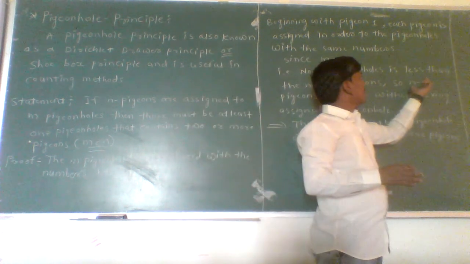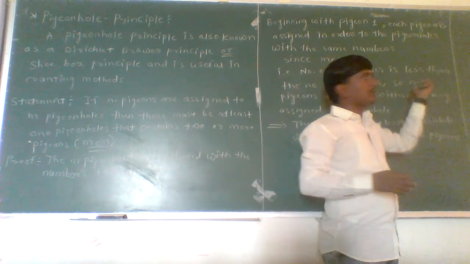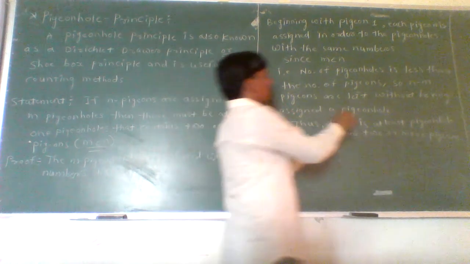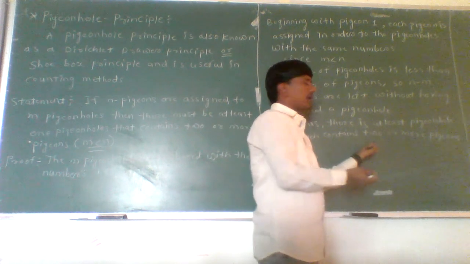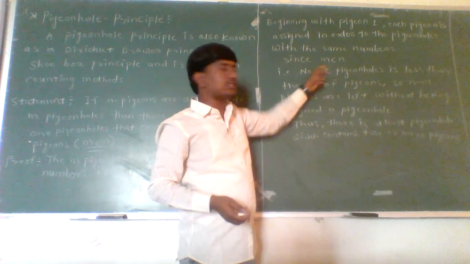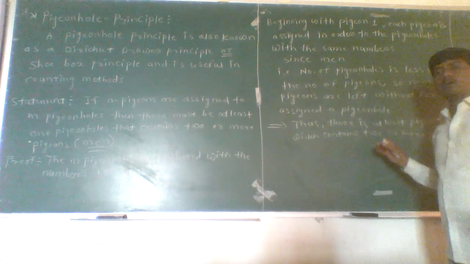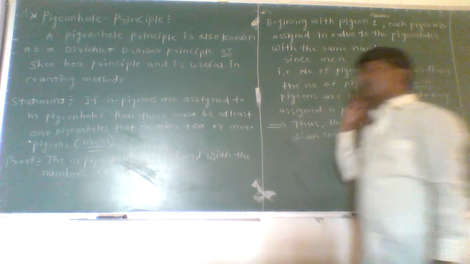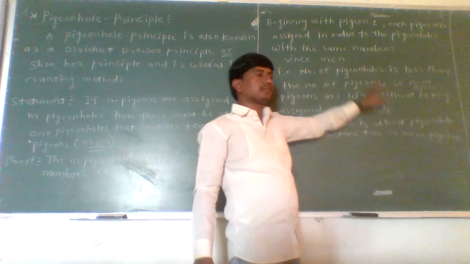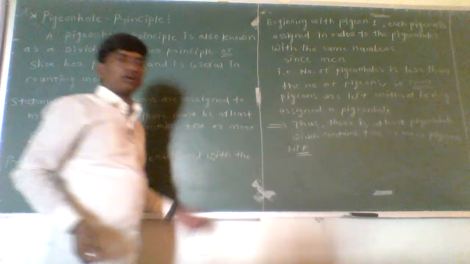Then n minus m pigeons are left. We can put them all in one pigeonhole, or some in the first pigeonhole, some in the second, and so on. Either way, there is at least one pigeonhole that contains two or more pigeons. Let us see examples depending on this principle.